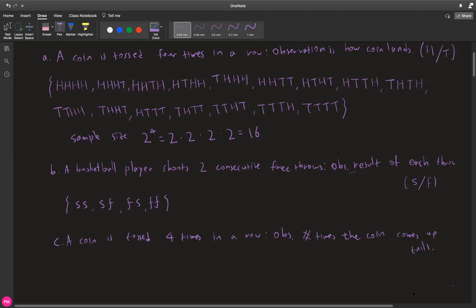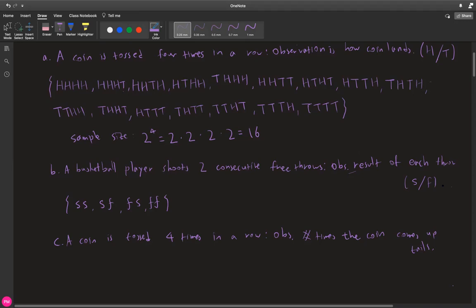So if you compare C and A, the experiment is the same. Here we're tossing the coin 4 times. However, what we were observing in the first case is how a coin lands.